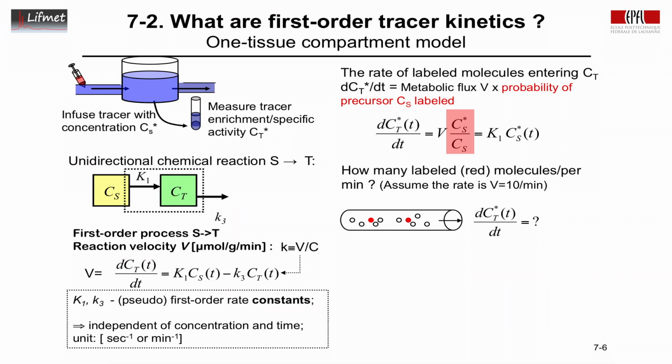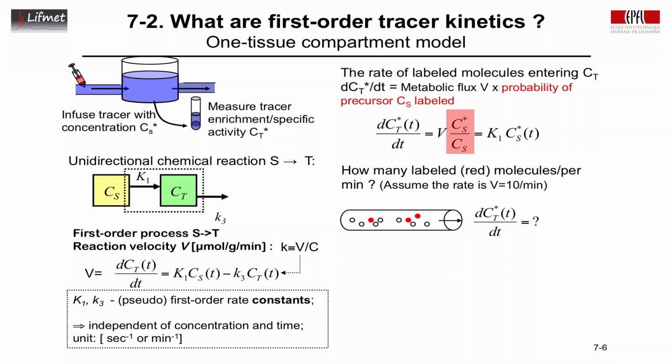If we have 2, then again the velocity is 10 molecules per minute. We have 2 out of the 10, so it's 1 over 5, 20% that are red, and so the rate of labeled molecules that enters the tissue pool is now 2. And that's the last example here.